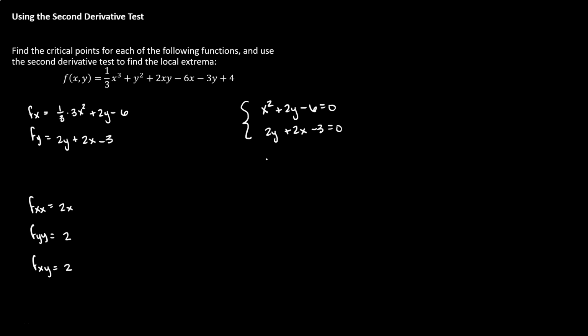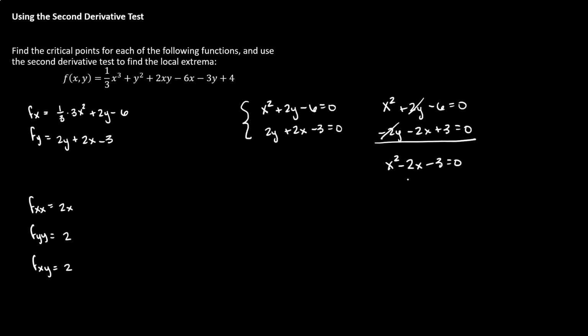I'm going to add the two equations together, adding the opposite, so I can eliminate the two y terms. That will get rid of my y terms. I'm left with x squared minus 2x minus 3 equals 0.